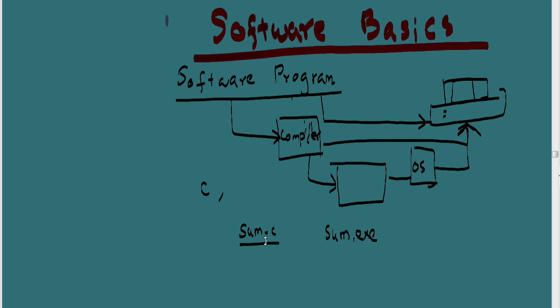So when you take your sum.c and tell the compiler to create a machine language or some exe program so that your hardware or computer can understand, what it internally does is it basically interacts with the operating system, which is your Windows, and sees how really the internals of the program work.